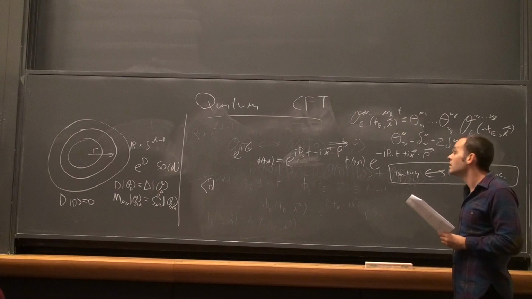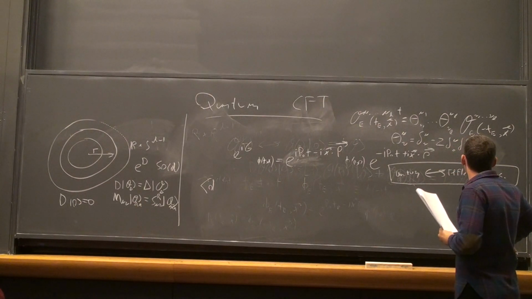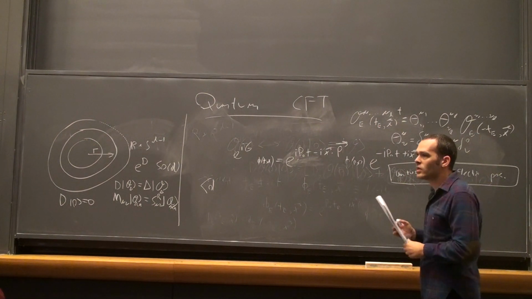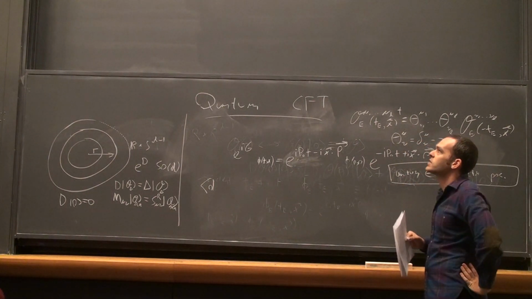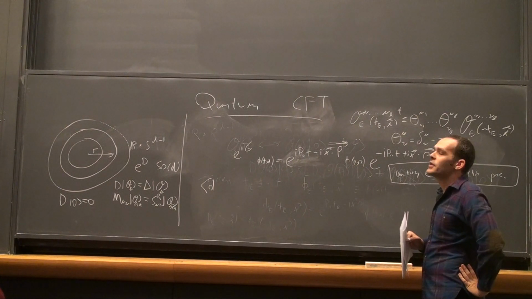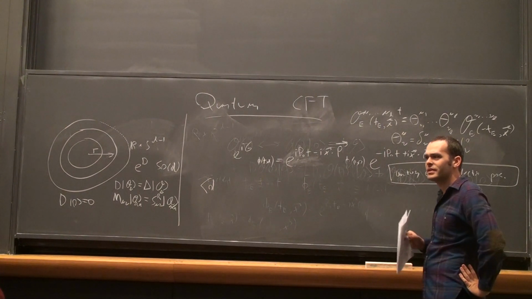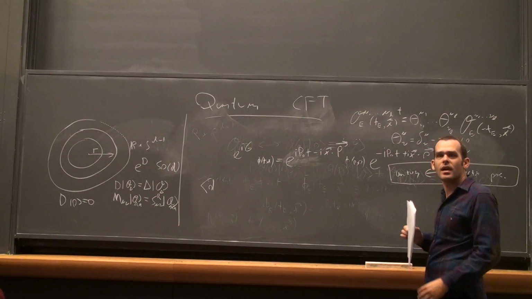Is the representation under the discrete part of the Lorentz or Euclidean group important? You're saying for a scalar versus a pseudo scalar, for instance? Good question. I don't know. Do you know? I don't think this cares. No.